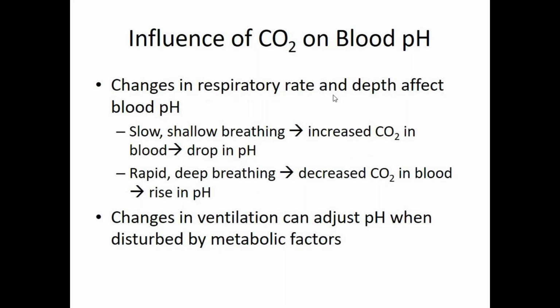And so one thing that you can do, and your body does do, to try to balance this out a little bit if the buffer system isn't adequate at the moment, is change rates of ventilation. Okay, if your blood is getting a little acidic, you end up taking deeper, more rapid breaths, and vice versa if your blood is becoming too alkaline.